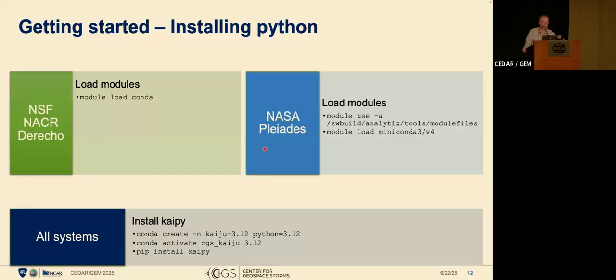Kaipy is the Python tools that I'm going to talk a lot more about at the end of the session, but it is available via PyPI, and at some point we'll do a conda module for it, but we just didn't have time to get it there, and the pip install works pretty well for us going forward. So a fairly straightforward first step in the process is to get a Conda environment and then get the kaipy package installed.